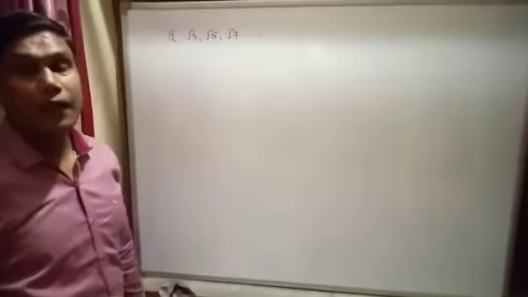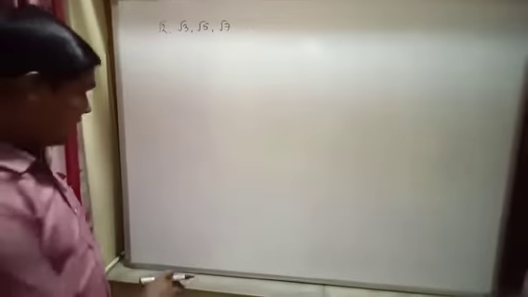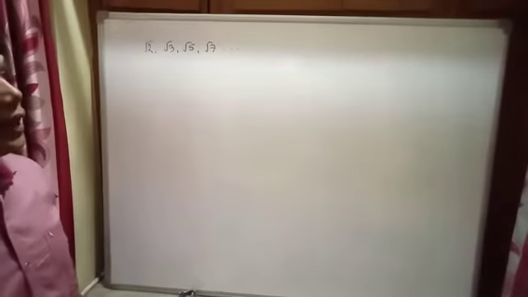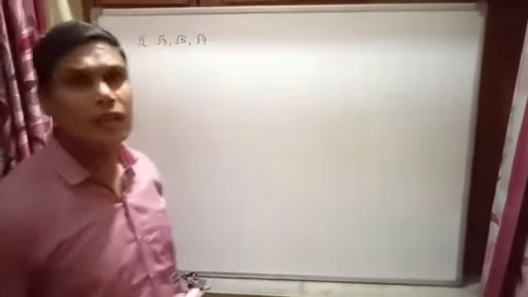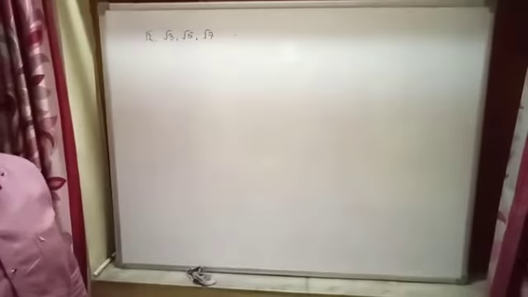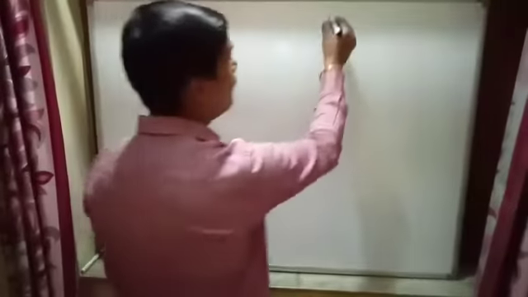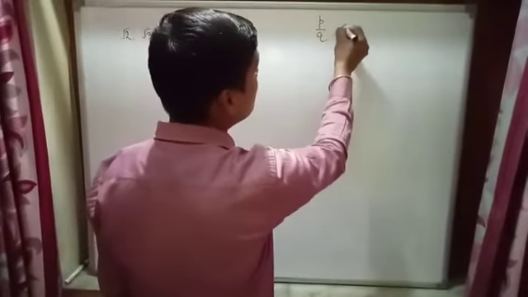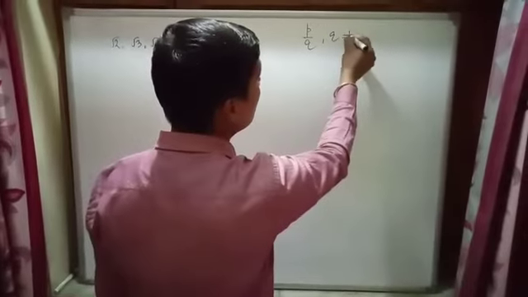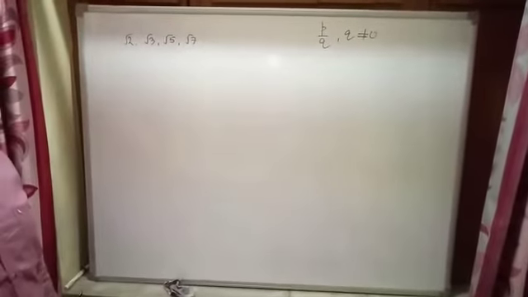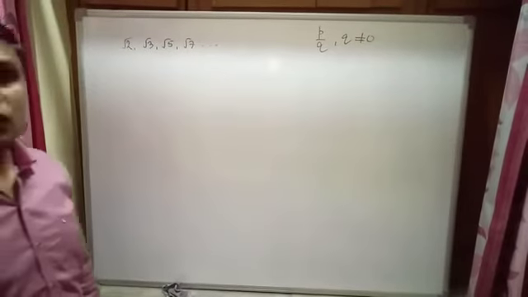These all are irrational numbers. Rational numbers are the numbers in the form of p upon q, where q is not equal to 0, and those which cannot be represented in the form of p upon q are the irrational numbers.